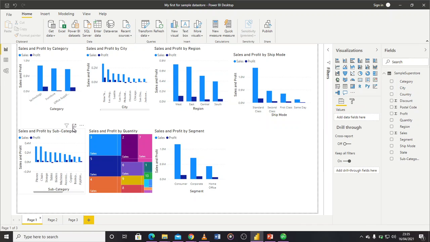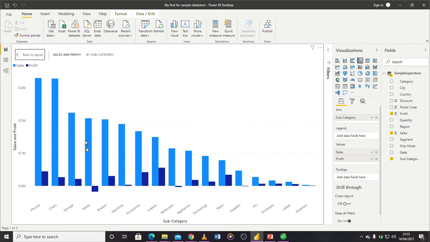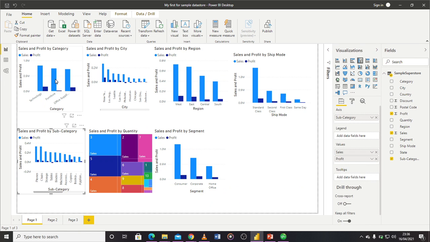It can be seen here that the sales of tables are 206,000, but the profits are in the negative. That's an area of major concern, and it can be improved.